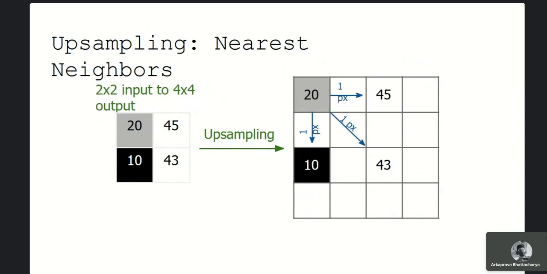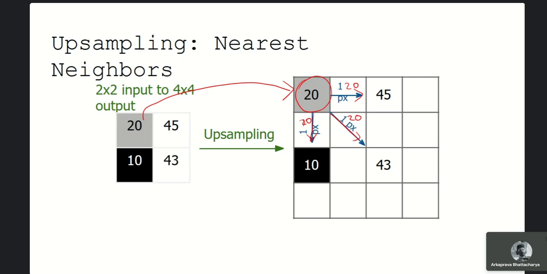With upsampling, we pick this value 20 and fix it in the top left corner of the output image. Then the neighboring pixels of this 20 will be filled with the same value. This is a method called nearest neighbor upsampling.